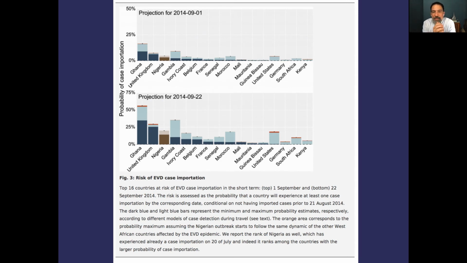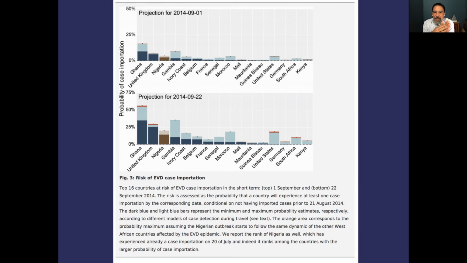So they combined this information, their model on the actual outbreak, and the information on the typical number of flight passengers from the region to other parts of the world, and simulated which countries might have the highest likelihood of importing a case of Ebola over time.